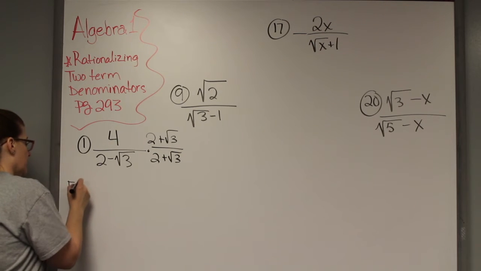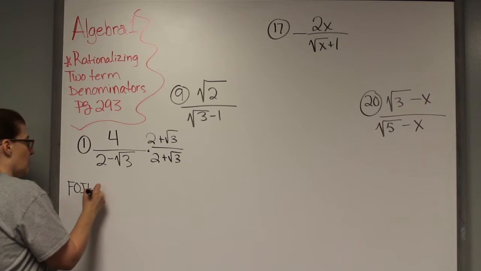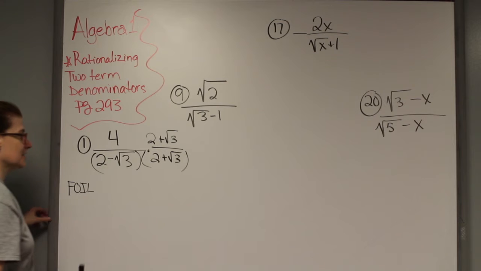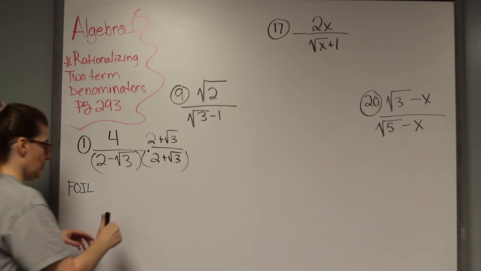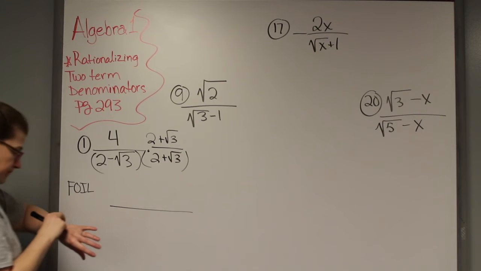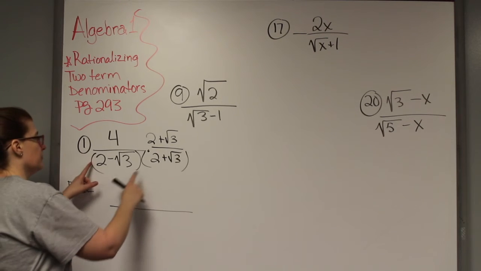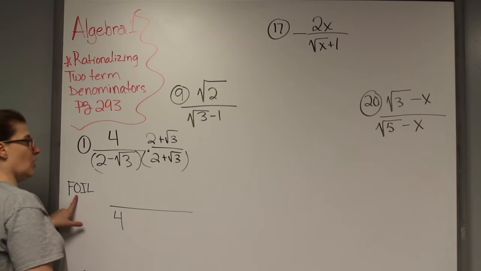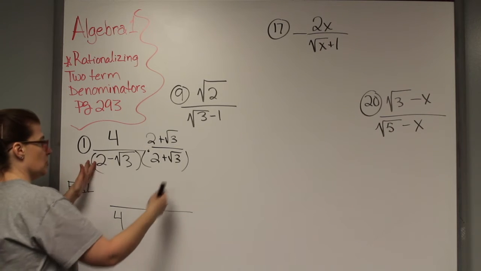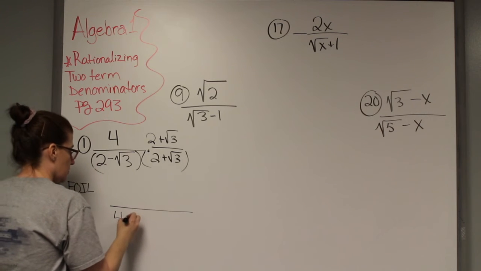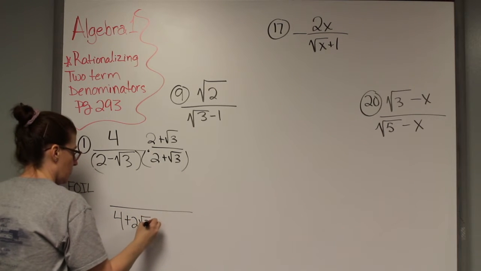Okay? Essentially, that is a FOIL problem. If you remember, when we FOILed, if you treated these like the two FOIL parentheses, you do first, and I'm going to do the bottom. Okay, so I'll write it down here. First is 2 times 2, which makes a 4. O is the outer, which would be 2 times a positive radical 3, which would just be 2 radical 3.